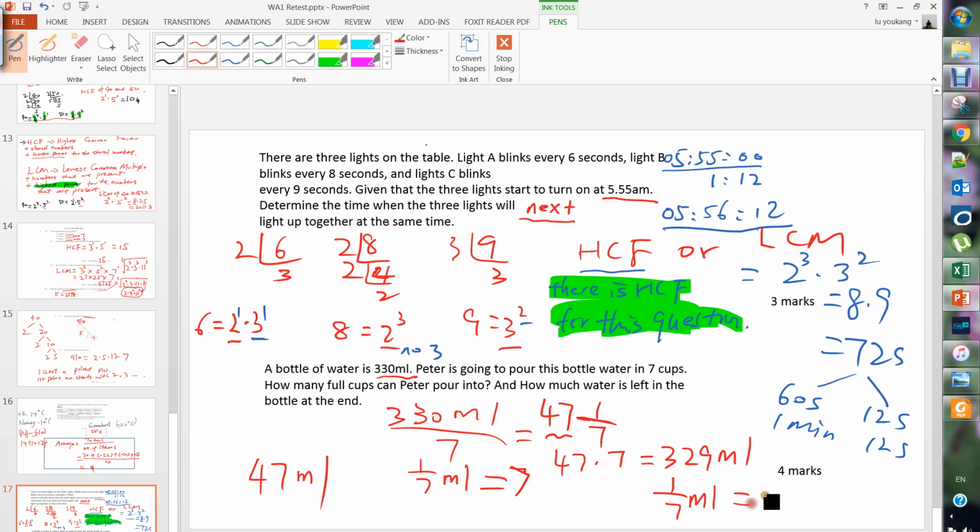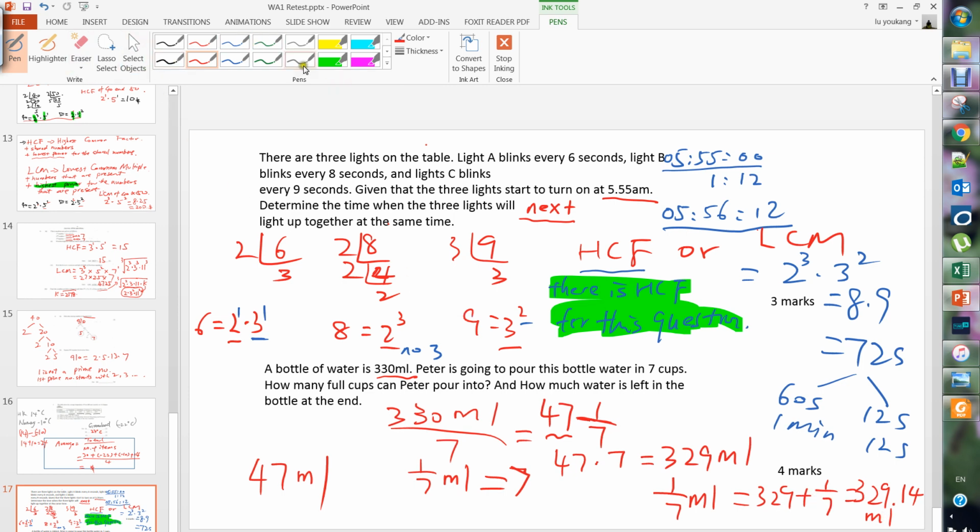So you just add these two up and see if you can get back the answer. Let me find out what is 1/7. It's 0.142 something. So therefore it is 329.14 milliliter something, right?